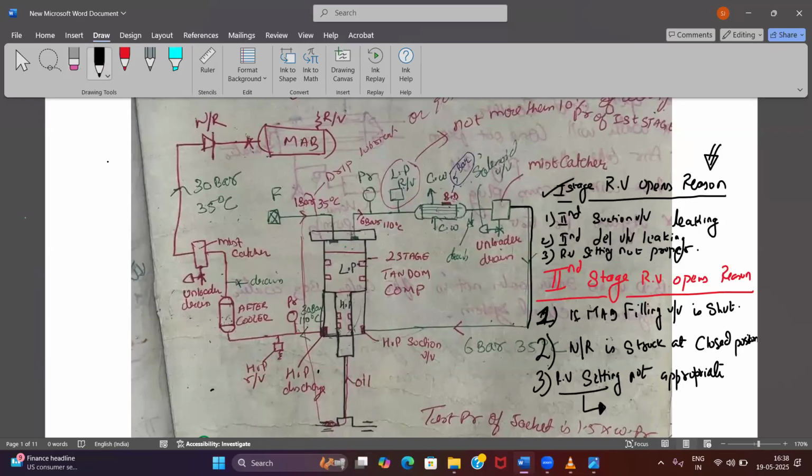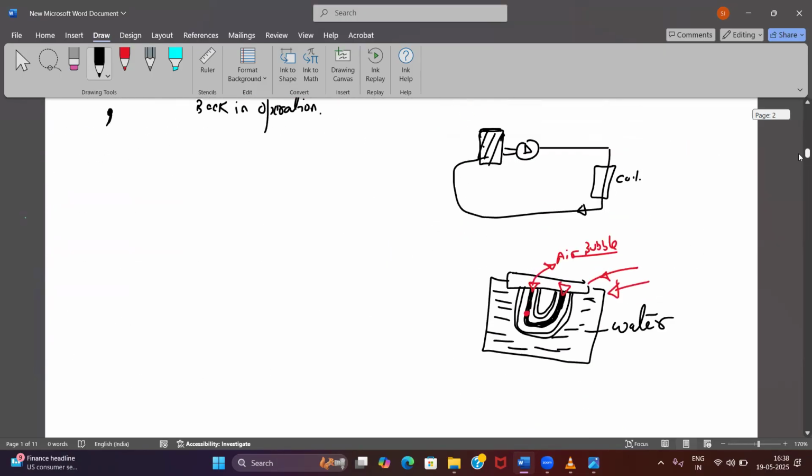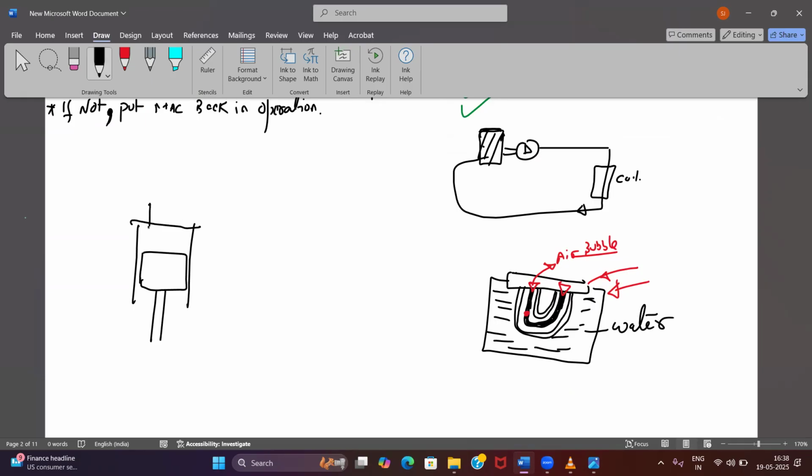Okay, now you tell me, if he asks you without opening the compressor, how will you come to know? I will give you a condition like this. I have a compressor, a piston, and there is a suction valve and a discharge valve.